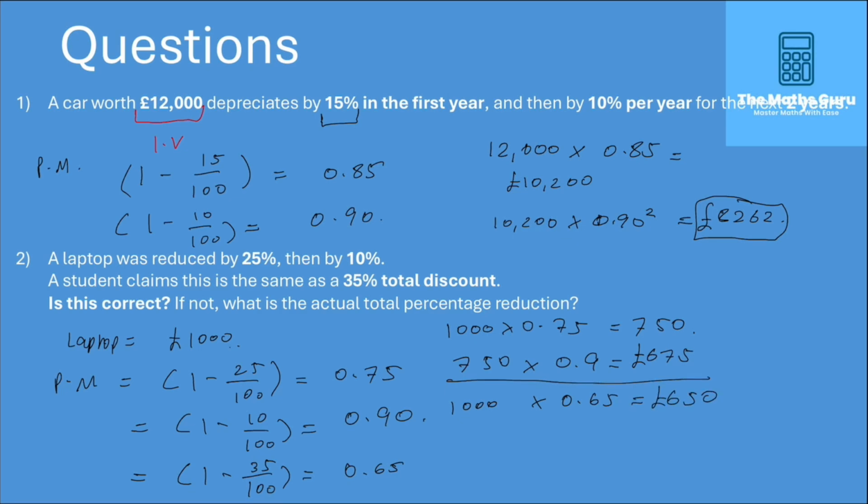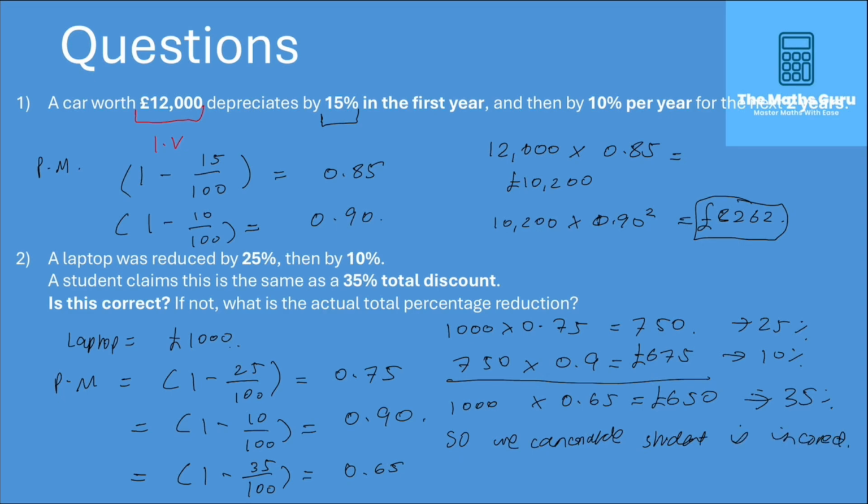As you can clearly see, a 35% reduction is not the same as 25% and then a further 10%. So we can conclude that the student is incorrect.